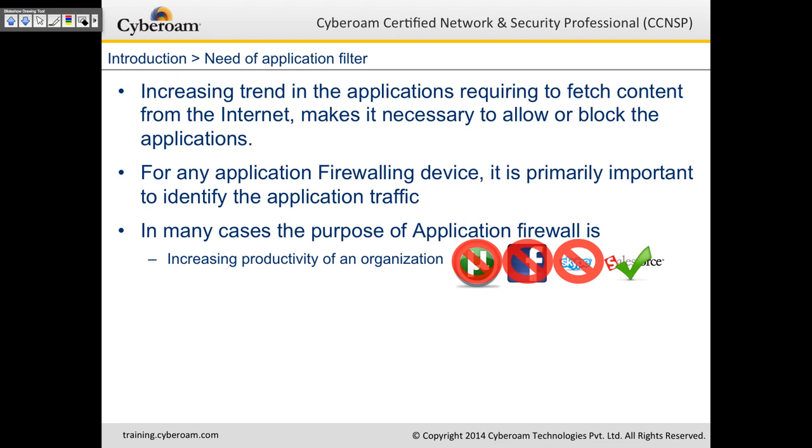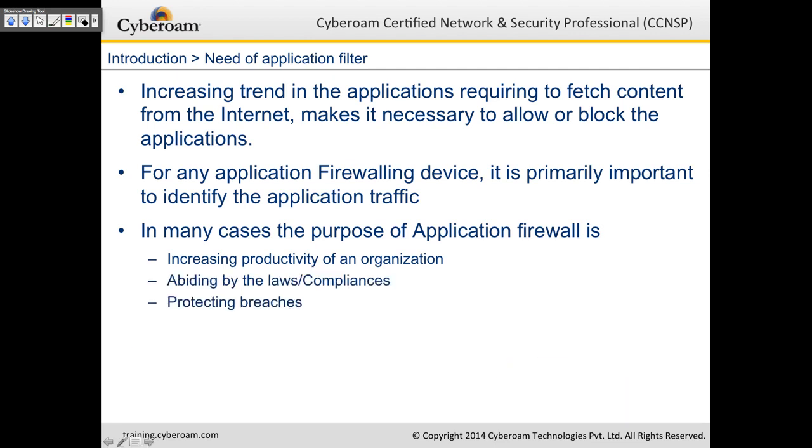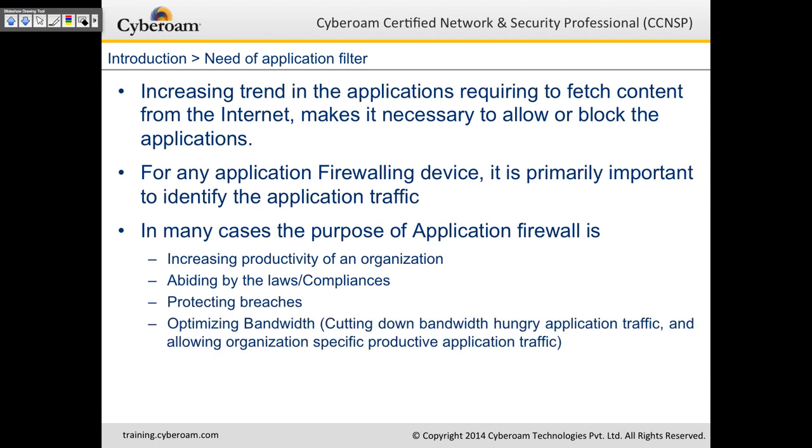As you all know, abiding by the laws or compliances, protecting breaches, and optimizing bandwidth, which is very important, so you can cut down your bandwidth hungry application traffic and allow organization specific productive application traffic.